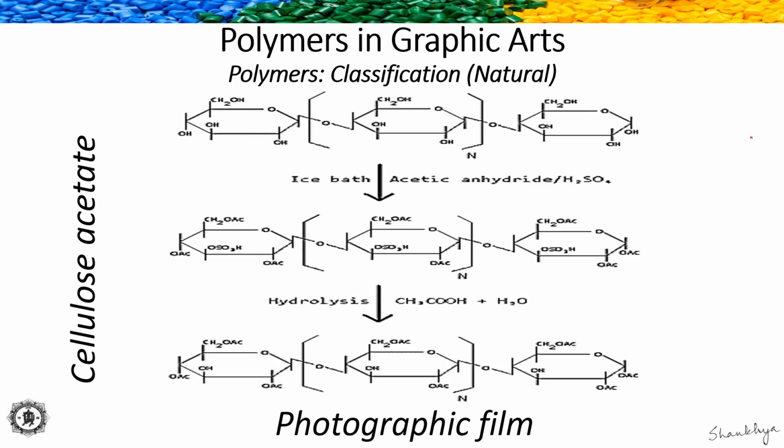Another, as I told you, is cellulose acetate. It is obtained by acetylating your cellulose, like in this case, with H2SO4 and acetic anhydride. Its main purpose is use in films. It has good dimensional stability, but the problem with cellulose acetate is that it may tear very easily.